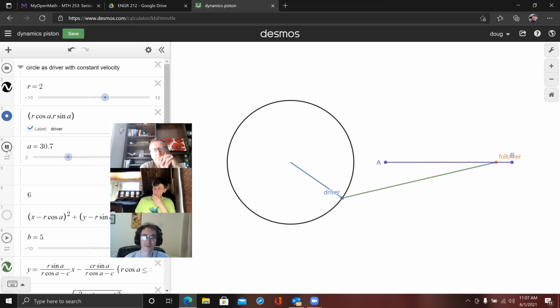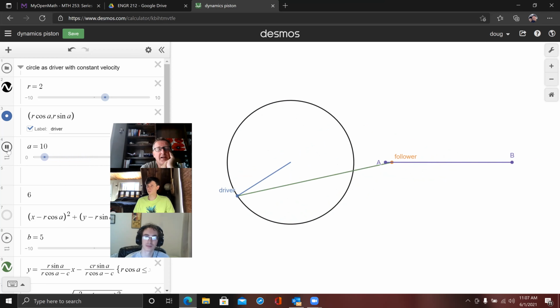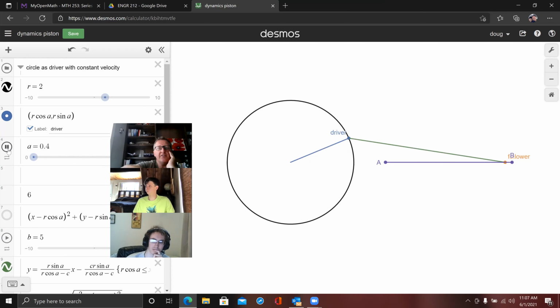So what we're going to look at today is to take this same thing and not just talk about relative speeds, but even talk about that green crank arm. Just stare at it, for instance. Does it make sense it's rotating too? So we could talk about how fast one is going relative to the other, and we can talk about the rotational speed of that green crank arm, how fast it's rotating.